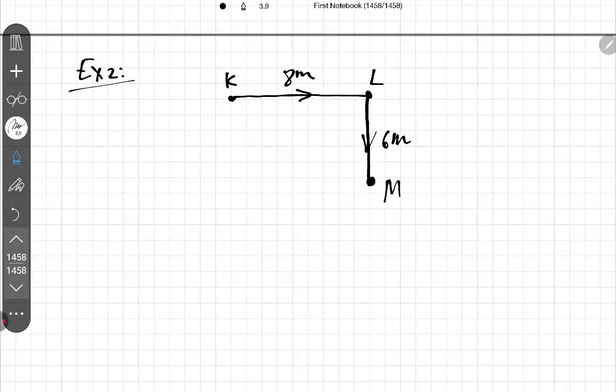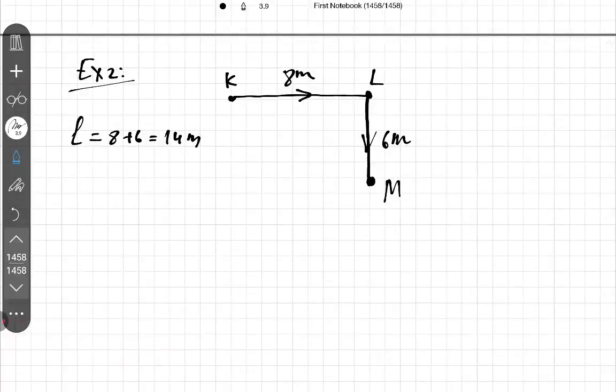So the initial point is K and the final point is M. Try to calculate the distance. We said that the distance equals the total length of the path. So L equals 8 plus 6 and equals 14 meters. In this case, the length is 14 meters as well.